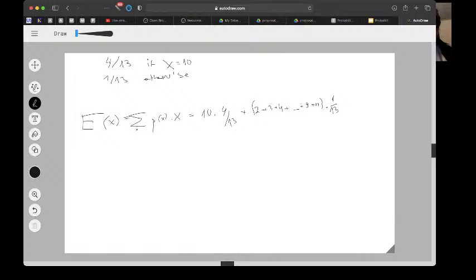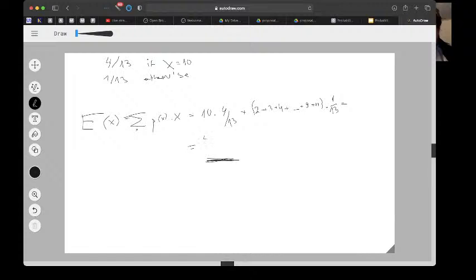So for every possible value of x, you multiply it with a sum, and then you compute the value of this as a concrete number, and this will be your expected value.